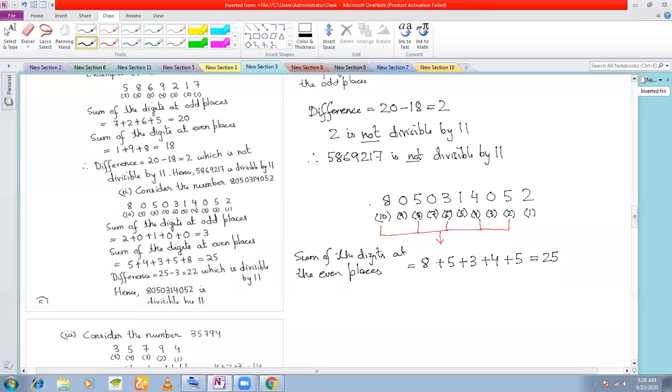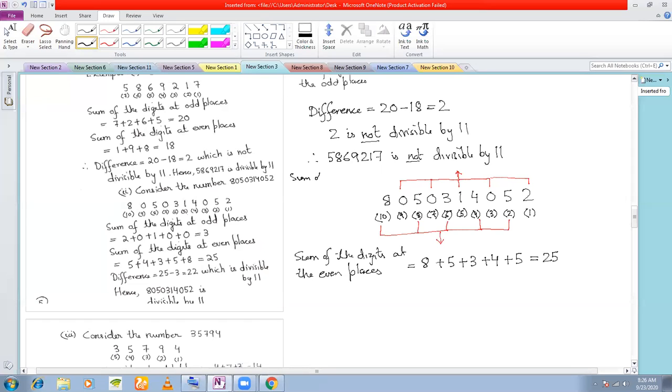Okay, next you take the sum of the digits at the odd places. What are the odd places? 9, 7 is an odd place, 5 is an odd place, 3 is an odd place, 1 is an odd place. Okay, and here, what is the sum of the digits?